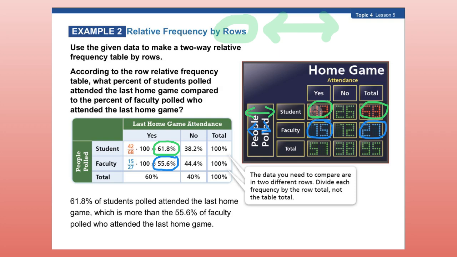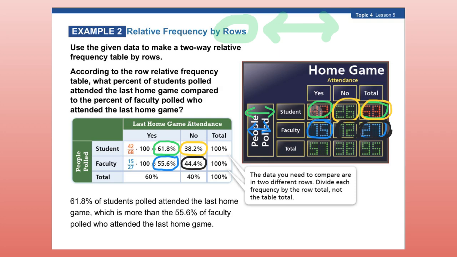Let's do no students. Students who said no, or did not attend. No, 26 out of 68. And finally, let's go no for faculty. 12 out of 27, that's hard to see, sorry. 12 out of 27 is here.